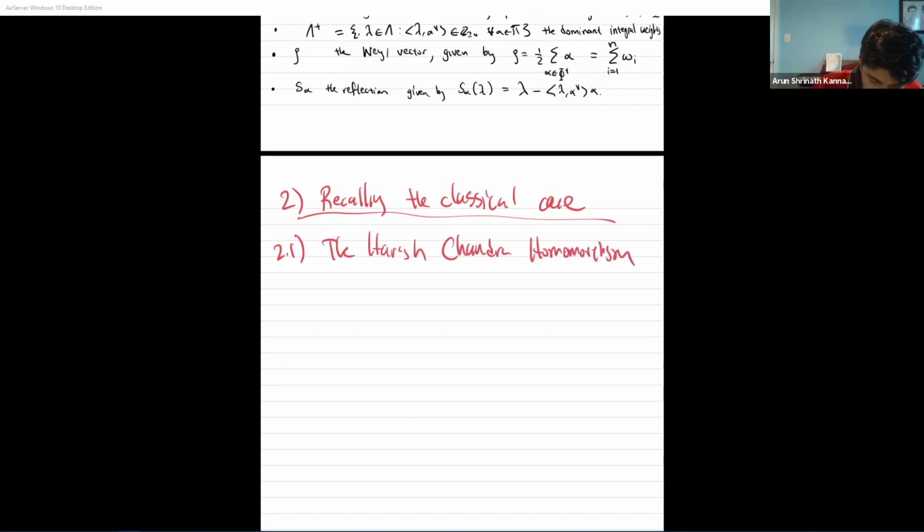Your Lie algebra g has a root space decomposition, and so you can think of this as a Z Phi grading, and this induces a Z Phi grading on the universal enveloping algebra.